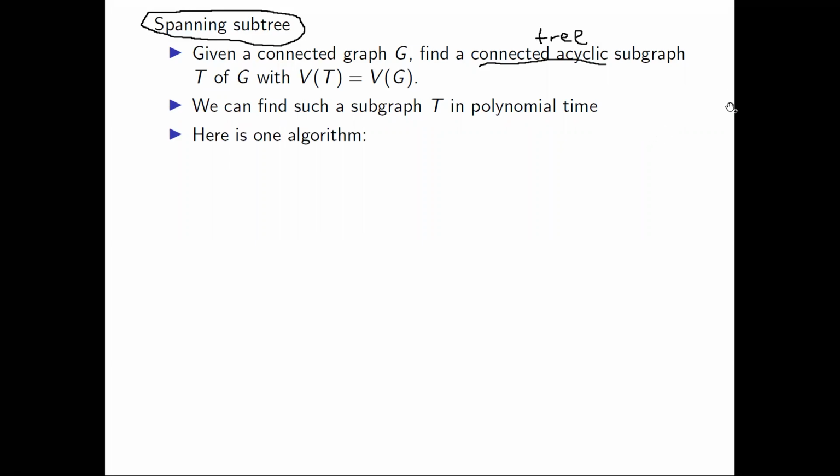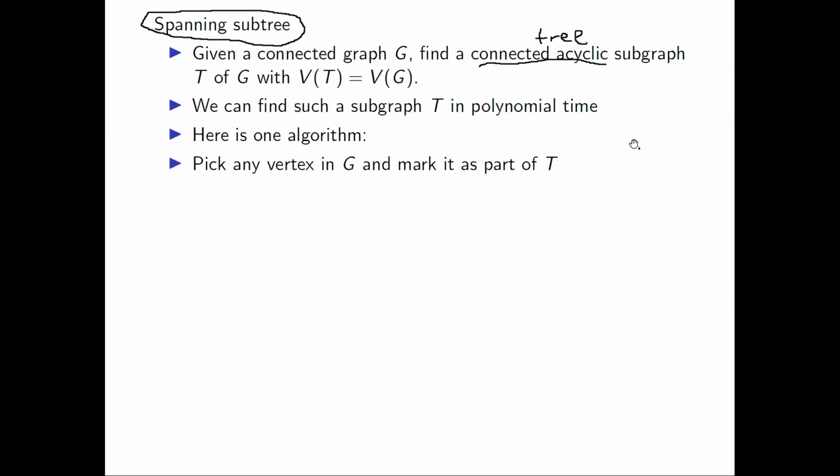So let's talk about one algorithm for finding a spanning subtree. You can think of one of them as an algorithm where we successively add vertices, and the other algorithm will be one where we successively add edges. This will be the vertex algorithm where we add the vertices, and we'll do the edge one second.